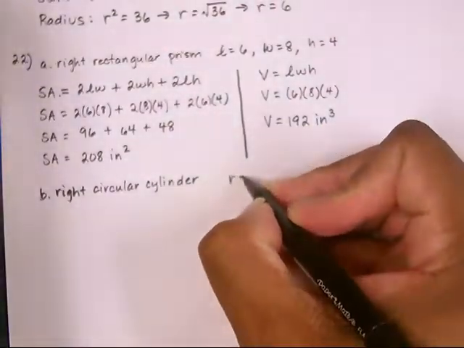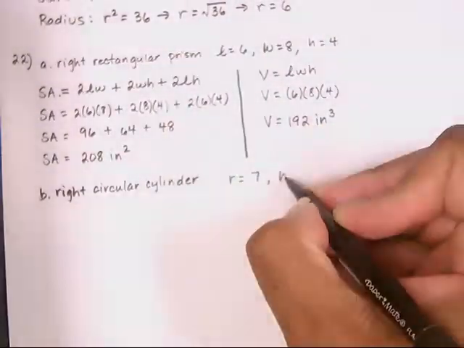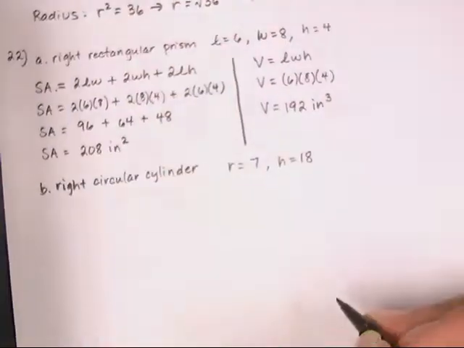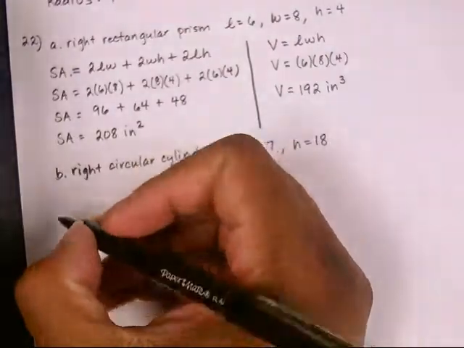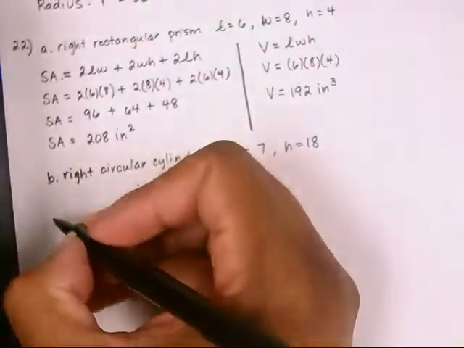The radius is 7 and the height is 18. So we're first going to find the surface area of that right circular cylinder.